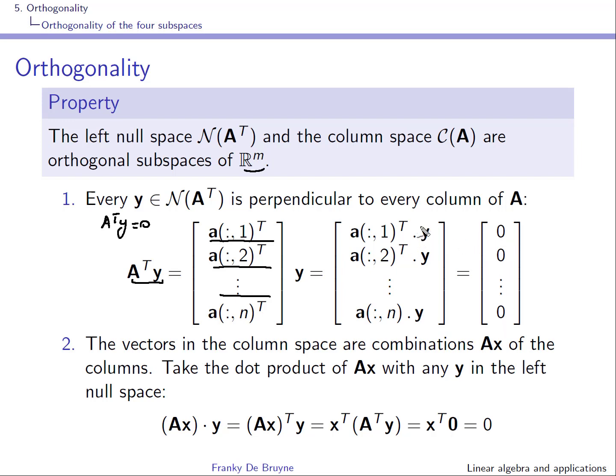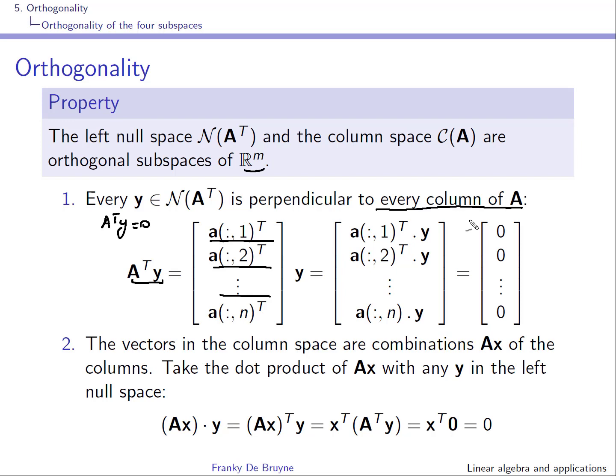So y is perpendicular to every row of A transpose, so y is perpendicular to every column of A. Okay, so we have just shown that any y in the left null space is perpendicular to any linear combination of the columns of A. So the left null space and the column space are orthogonal.